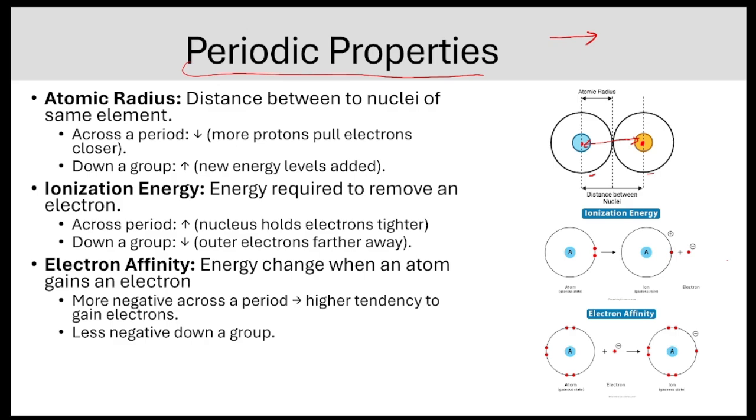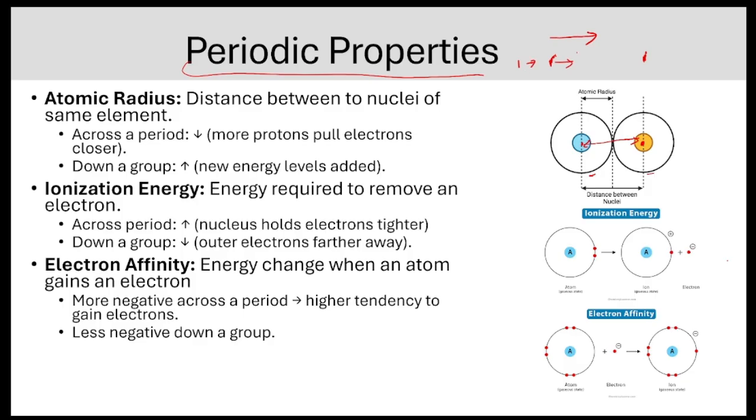And if you ask why, it is because the periodic table is arranged in increasing atomic number, and we also know within the same period the energy level is the same.